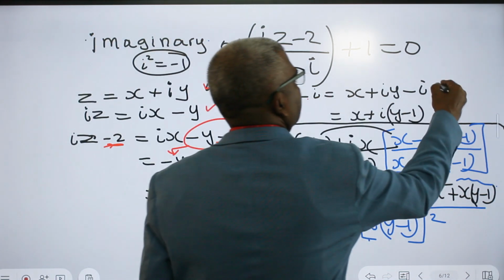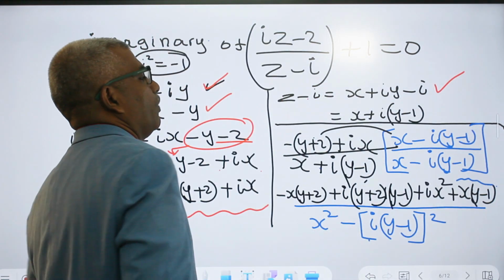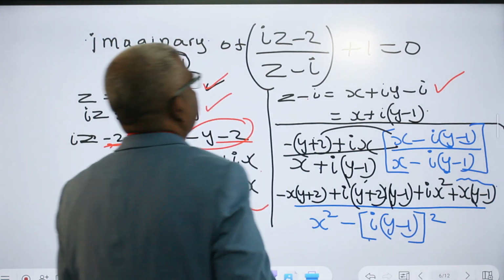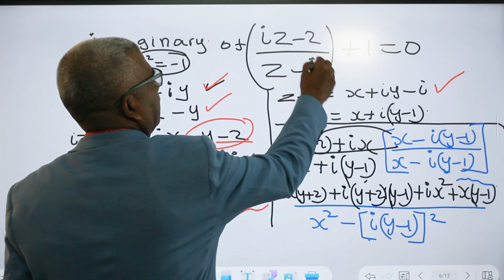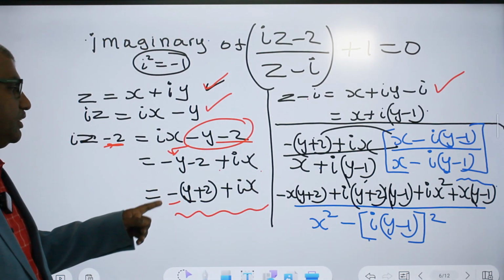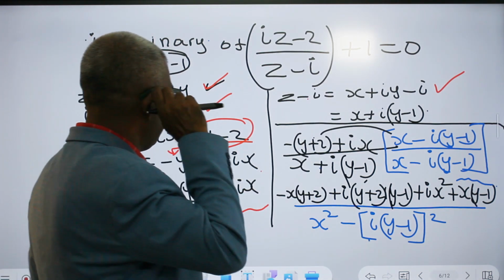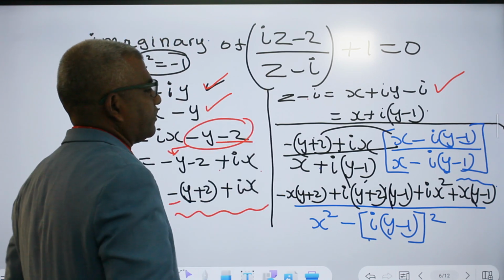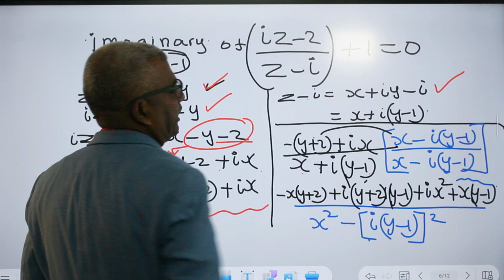Z minus i also I did the same, x plus iy minus i, so x plus i(y minus 1).